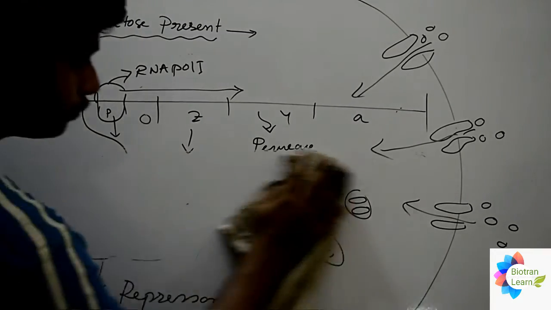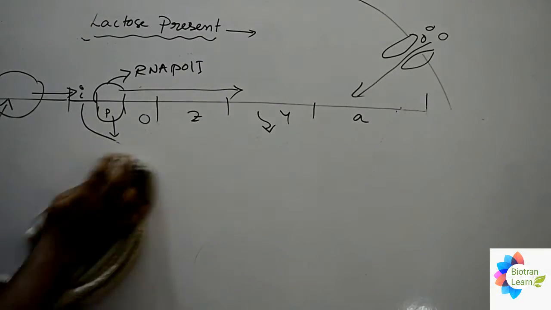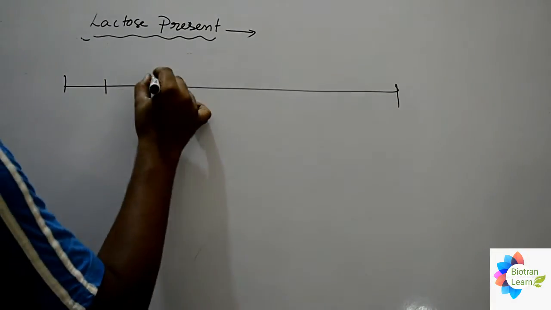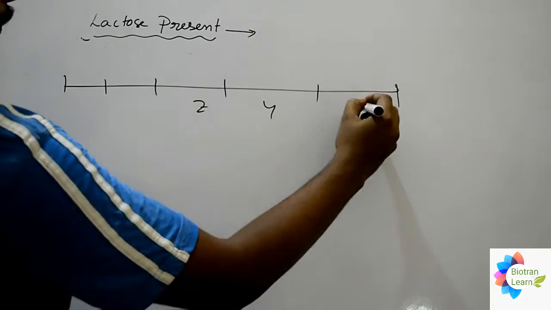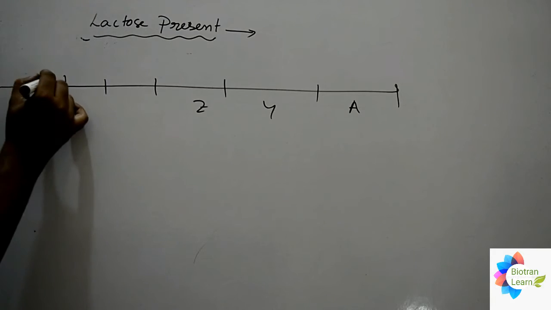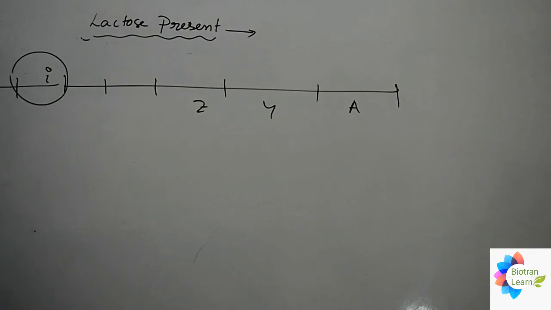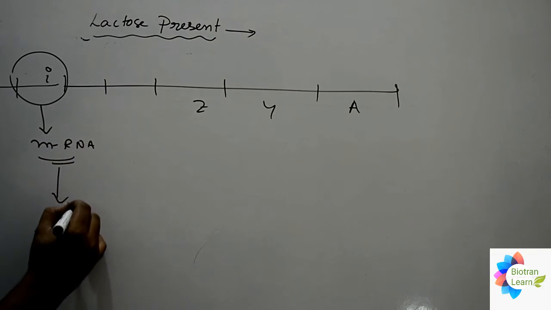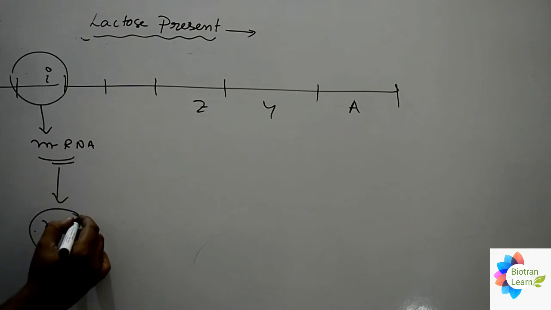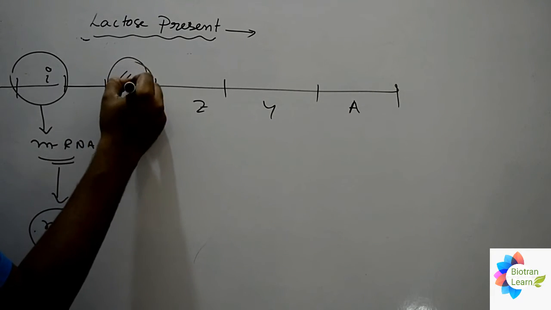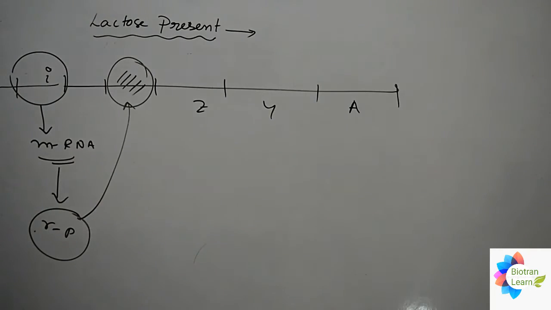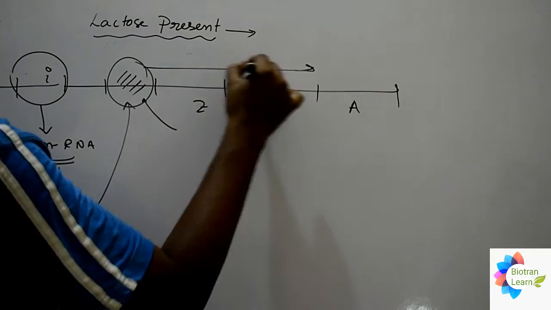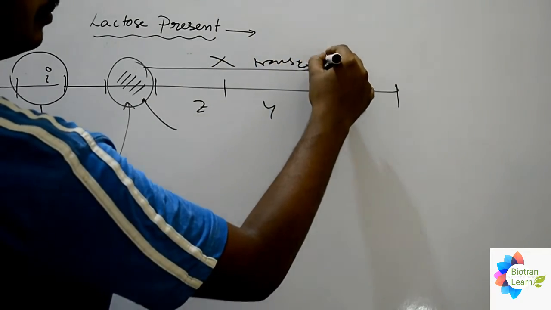Then what we will be able to see is that the repressor protein in this section will come again, right, and it will start to produce the mRNA, and the mRNA will produce the repressor protein, which will sit in the operator sequence, and then the lactose will try to hold this position, and again no transcription will take place.